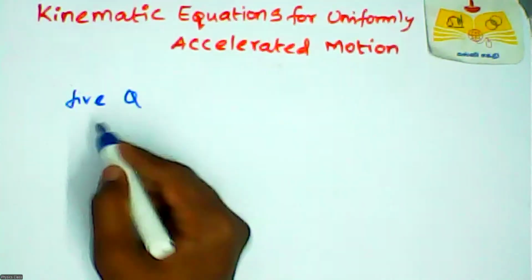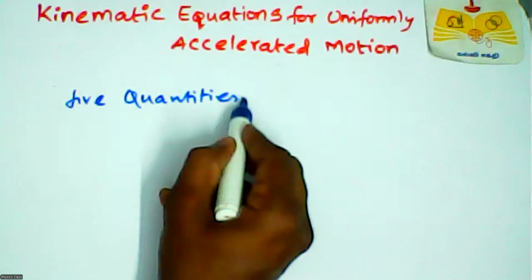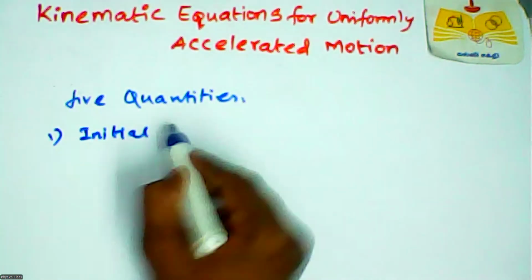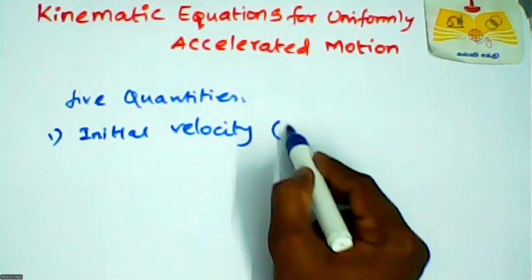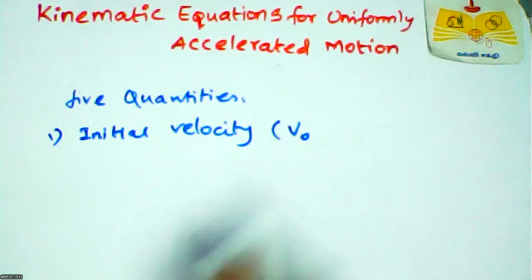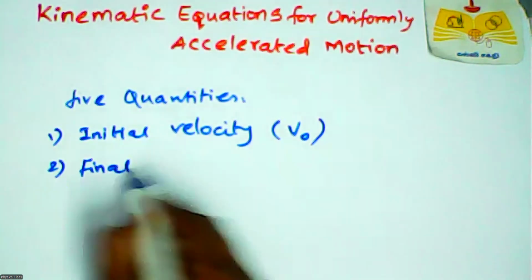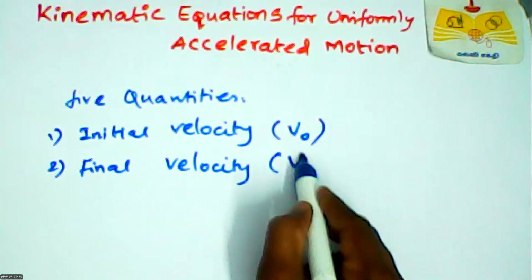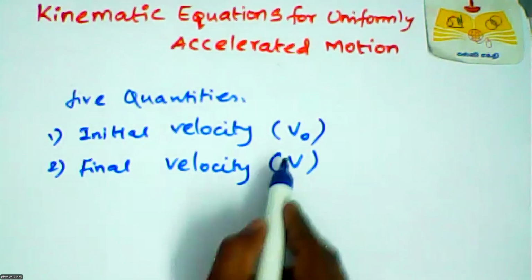First one, initial velocity, V naught. For the initial value, put 0 in the subscript. Second one, final velocity, just V.